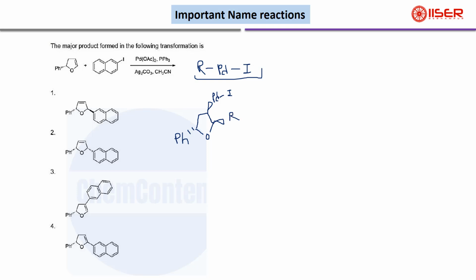Now as there is no syn hydrogen available at this carbon, but there is a proton here, which is in the same plane, it will undergo the 1,2 elimination, forming a double bond here.